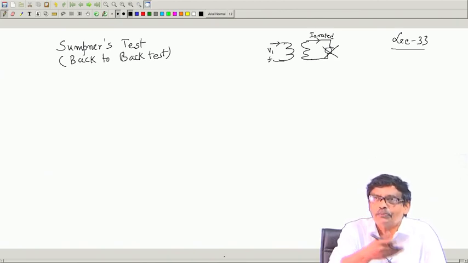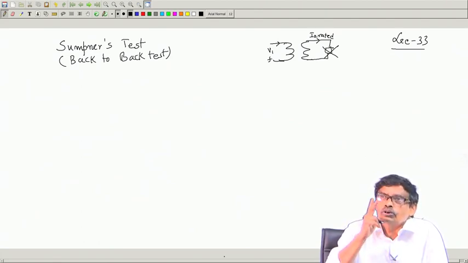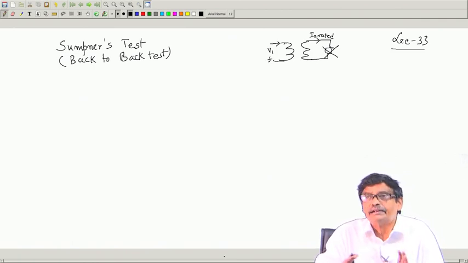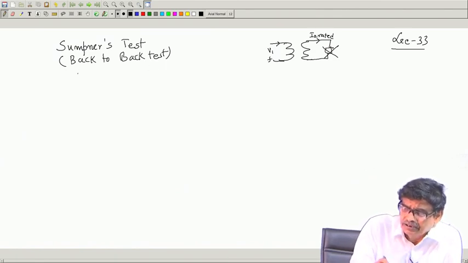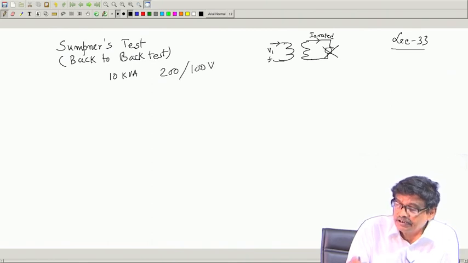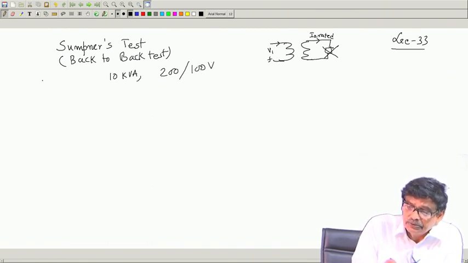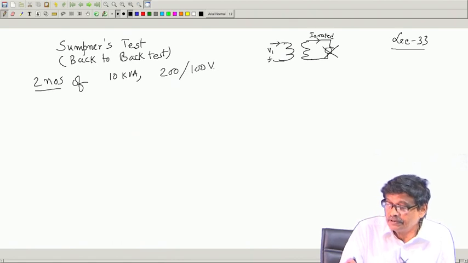Although you can do individual open circuit and short circuit tests, to carry out this test you require two very similar rated transformers. For example, I will take two small transformers, say 10 kVA, 200 volt, 100 volt, 50 hertz single phase, just to give you a feel of what is going on.